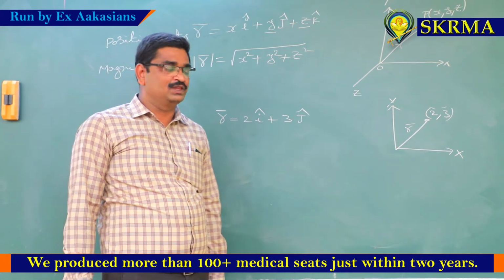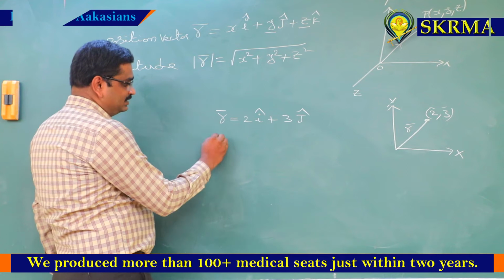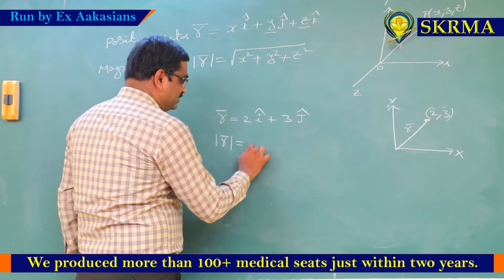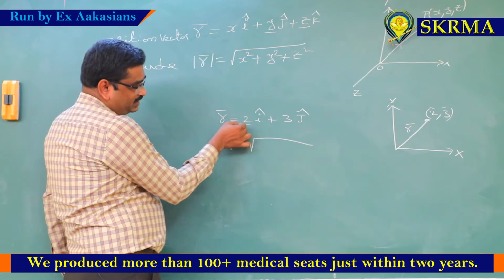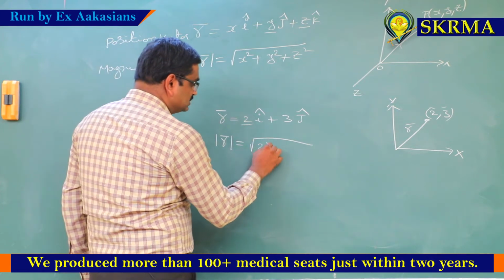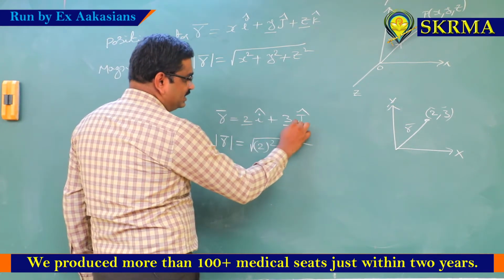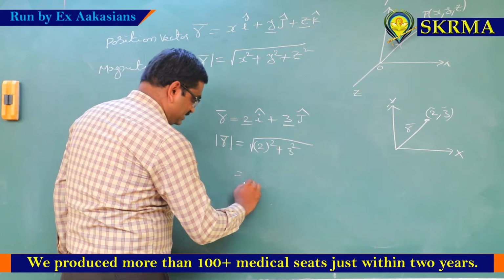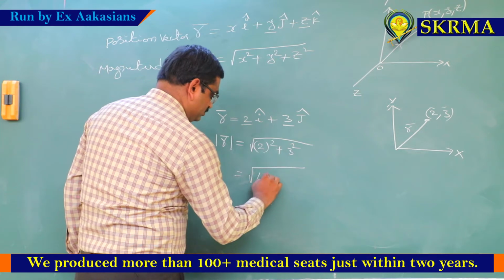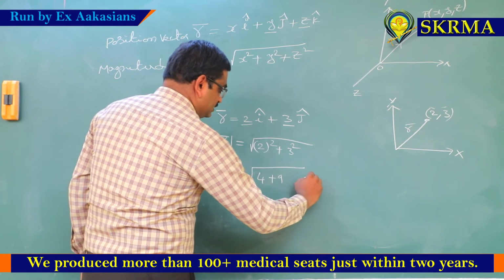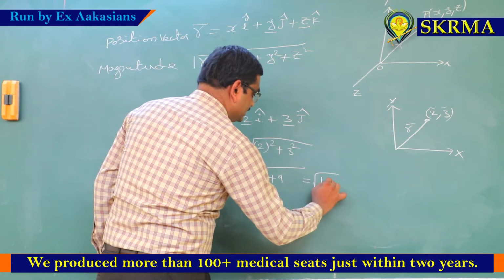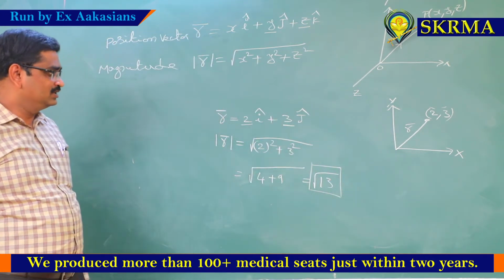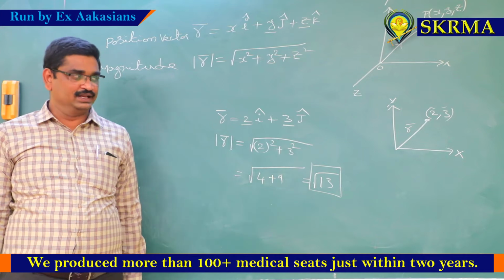The magnitude or modulus of this vector is the square root of (x component 2) whole square plus (y component 3) whole square, which is the square root of 4 plus 9. So root 13 is the magnitude of the vector.